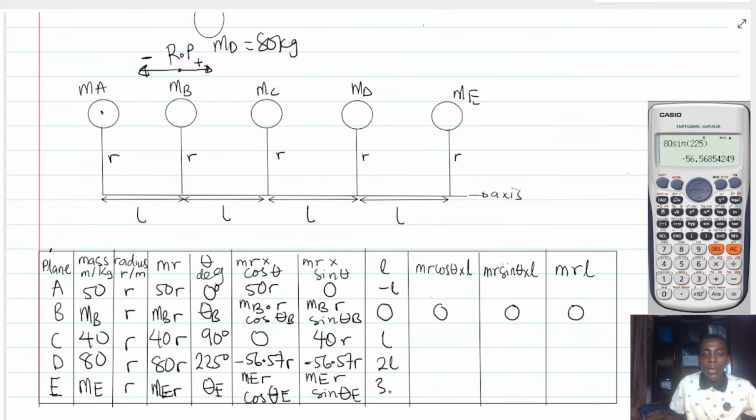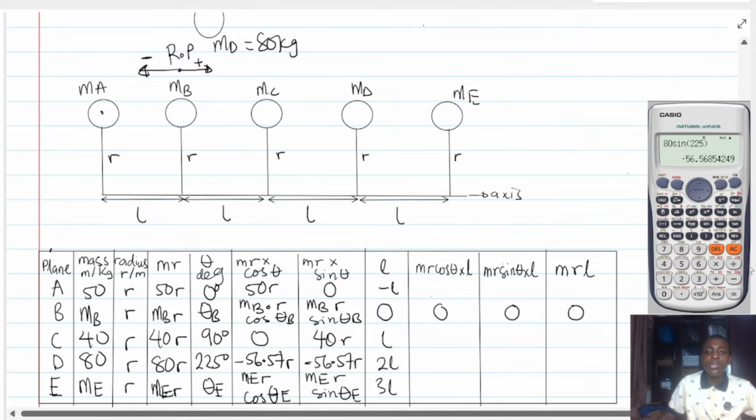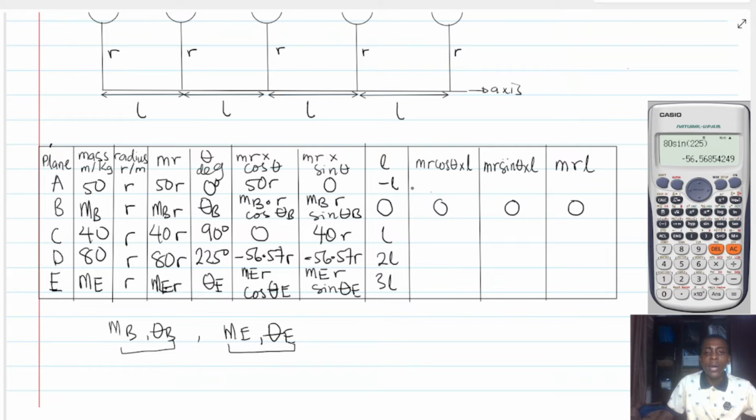So that is 3L. I'm going to fill the column here by using MR, which I got here, and I'll multiply by the L. So it's going to be minus 50RL. Now I'm going to also do MR, which I got from here, multiplied by L. Don't forget that this is 0. So it will make this also 0 because MR cos theta is 0. Is that right? Now when I get here, I will actually multiply minus 56.57 by 2.